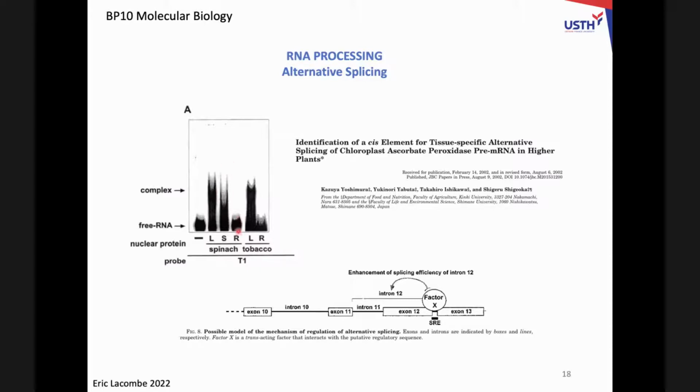What you can see from this experiment is that if you do the same using protein coming from the roots, so another organ, if we worked on animals we could have taken the liver, the heart, or whatever, different organ, you see that in the protein extract coming from the roots, either from spinach or from tobacco, we don't see the formation of the complexes.